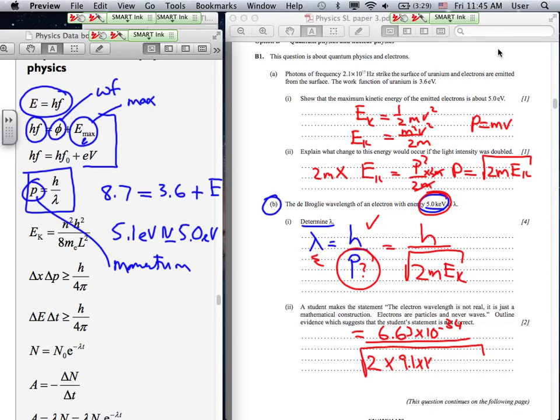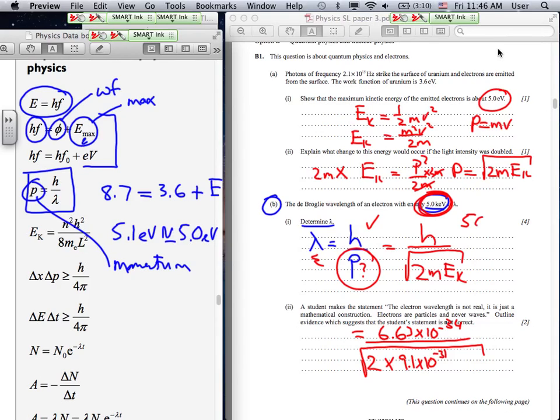That's given in your data booklet, times your Ek. And your Ek is 5 keV, sorry, not 5 eV. It's this one over here that we're talking about, 5 keV.